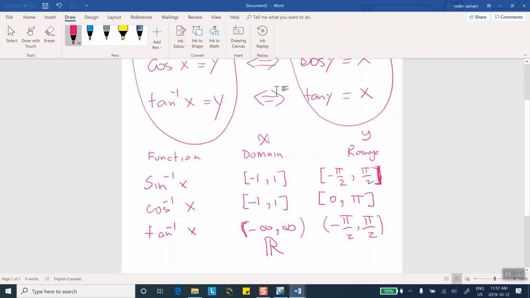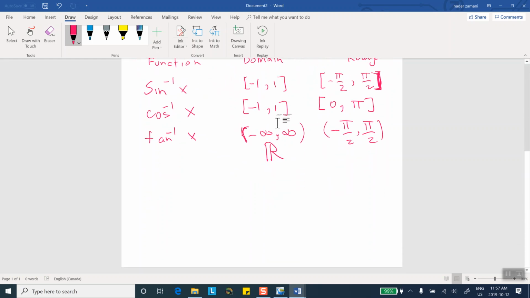Okay. Now, although they don't say it again in this particular chapter or section, I will plot the graph of the sine inverse function. It looks like that. Sine inverse here, cos inverse here, and tan inverse there.